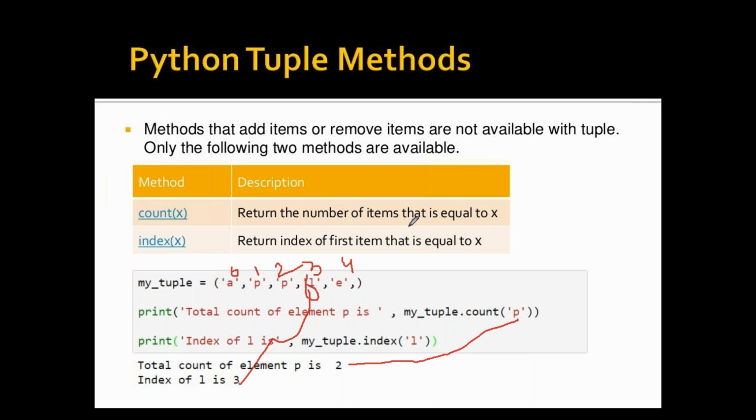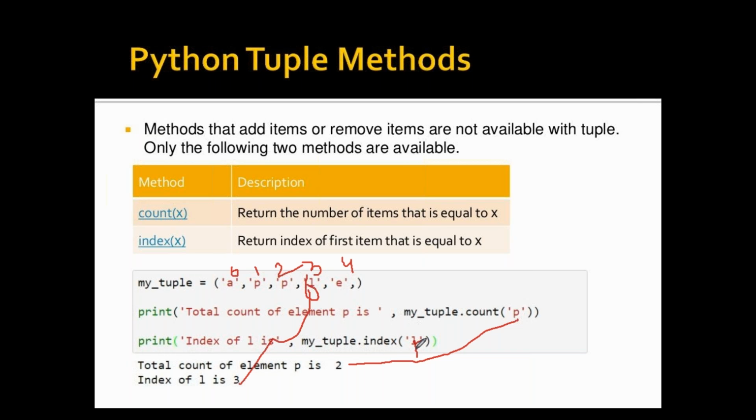For example, if you have a doubt about the index of P: while applying this in any program, if an element is repeated several times, only the first occurrence's index will be displayed on your screen. If they ask for the index of P instead of L, what is the output?